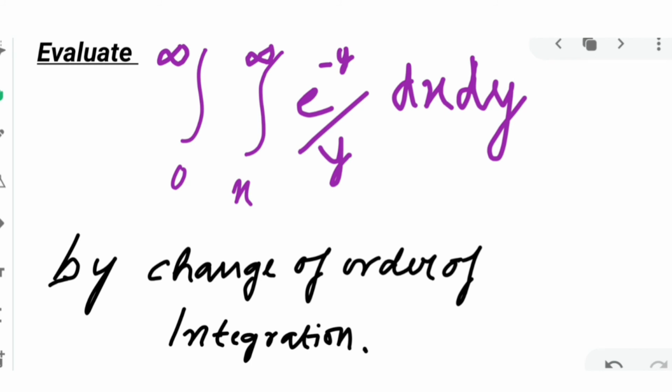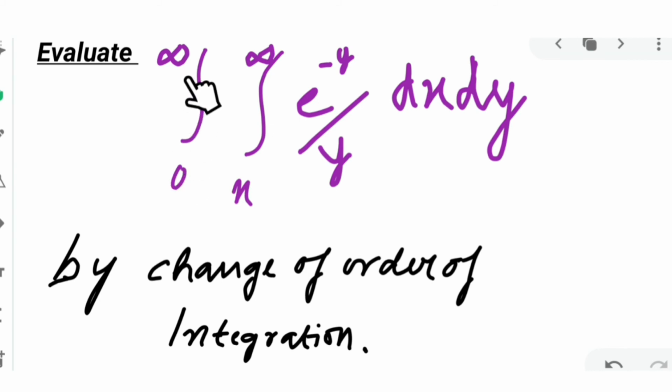So here we can observe that the variable limits are of y from x to infinity, and the constant limits are of x. So from this we can easily understand that the vertical strip was taken here from y equals x to y equals infinity. So it was integrated over the region from 0 to infinity.